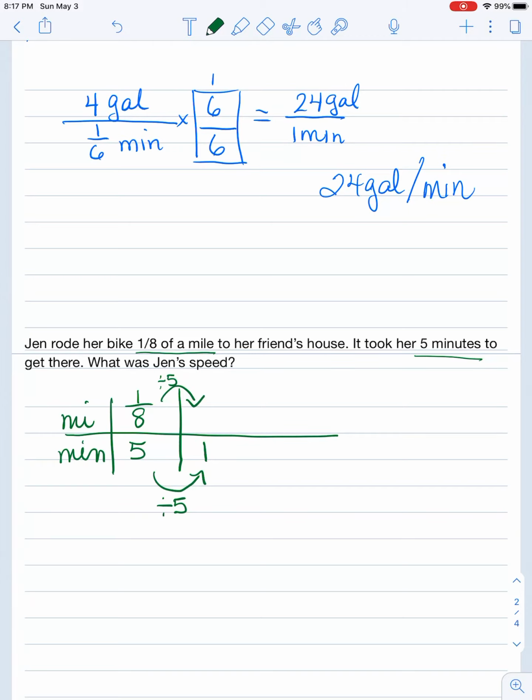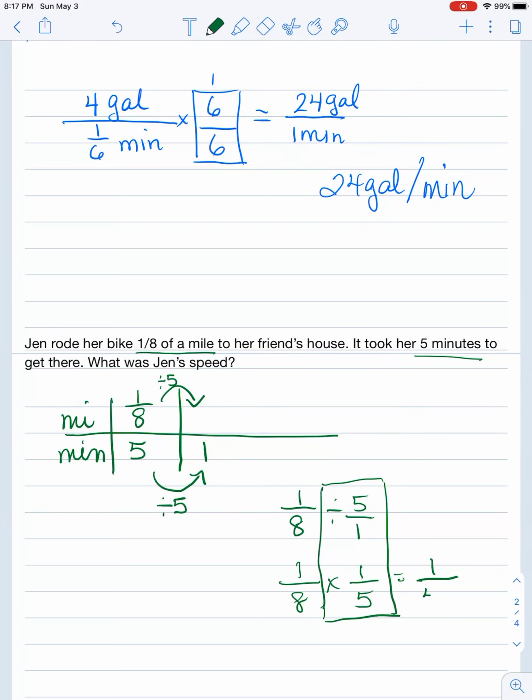Well, let me see. What am I going to do? I'm going to have to take this out of the table to do my math, because I want to do 1/8 divided by 5, and I'm going to write it as 5 over 1. How do I divide fractions? Oh, well, I have to multiply by the reciprocal, right? And the reciprocal is 1/5. And so I get 1 over 8 times 5 is 40.